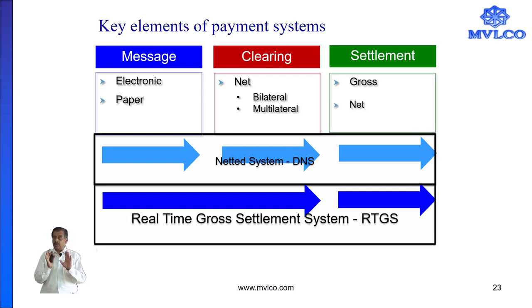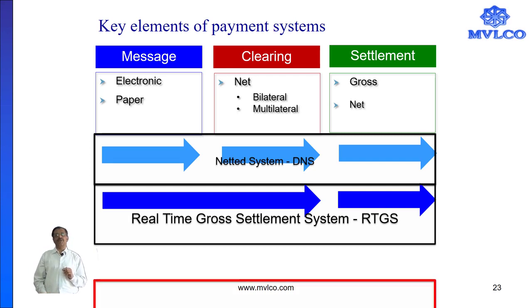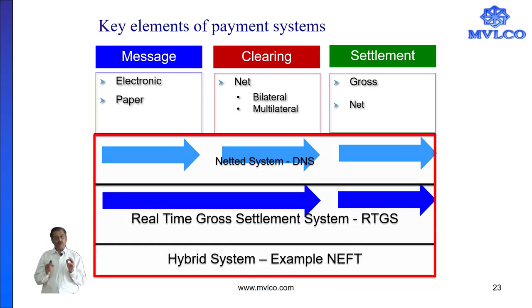Now we have talked about two mechanisms. Let's look at the third one. In the third one, we will use a combination of the DNS, that is the netted system, and also use the RTGS. In this system, we will compute the obligation in a net way. Once the obligation is computed in the net way by the clearinghouse, then we would use the RTGS system to settle that obligation.